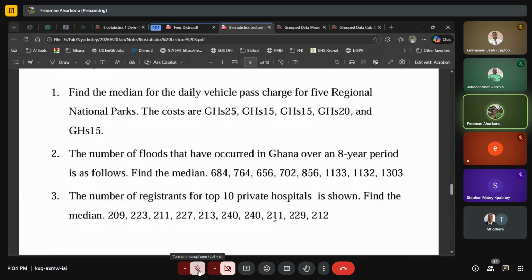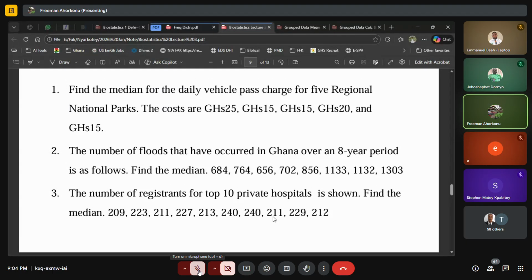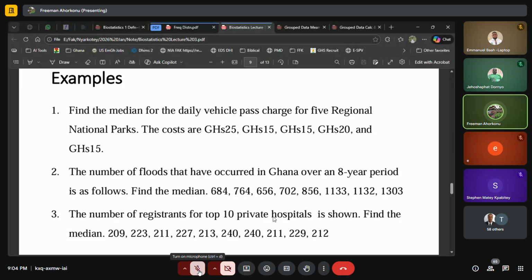These examples are for you. You will try your hands on them, and when we meet next time, you give out the answers and we compare. Don't be surprised to see some of these things in your mission or in your class exercise.